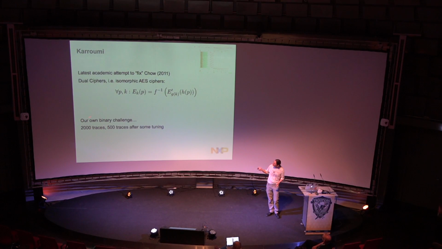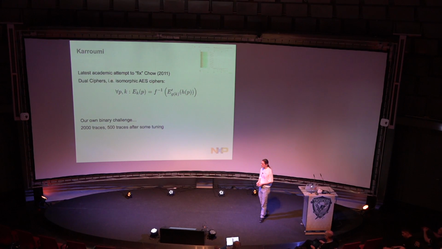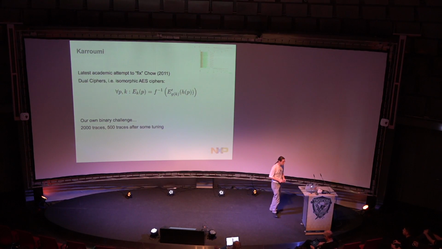And here you see, okay, it looks like it was better. You still need quite a lot of traces to break it. Well, a lot if you compare to hardware. Usually for robust hardware, you talk about millions of traces. So here there is still some scale in between hardware and software.